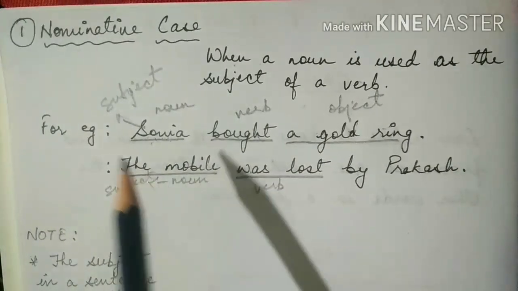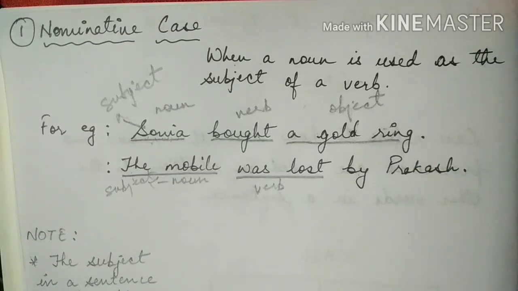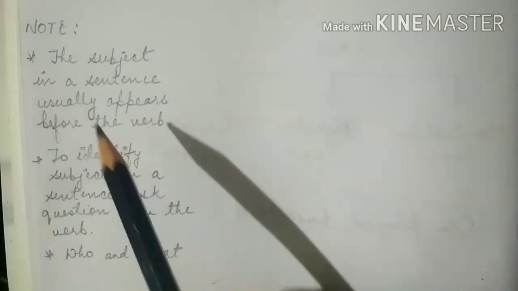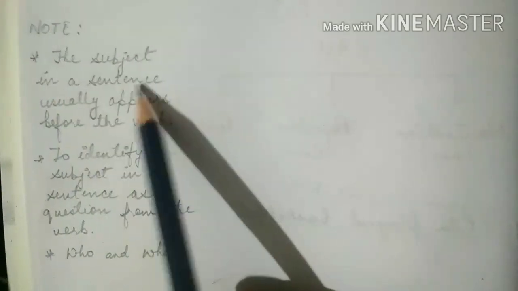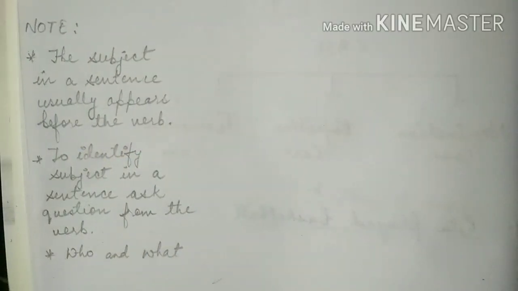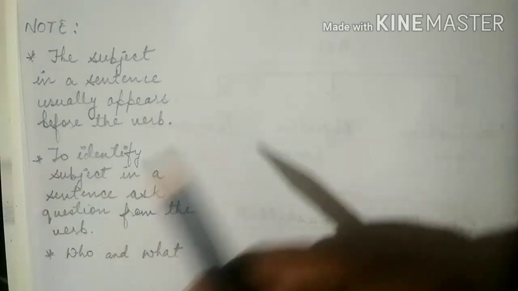So this is how nominative case works. There are certain things that you need to take note of: the subject in a sentence usually appears before the verb. There are a lot of sentences in which the subject will not always, but basically, appear before the verb.